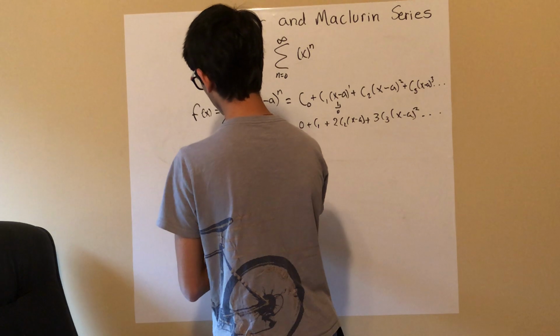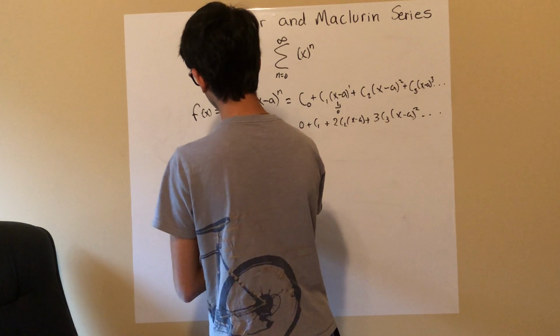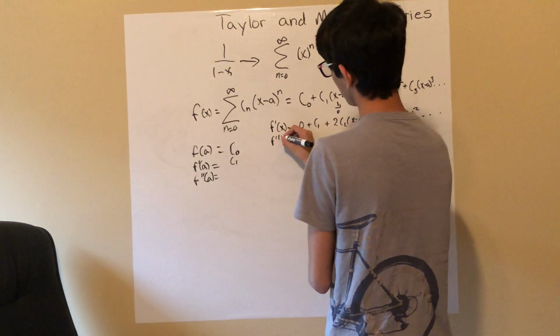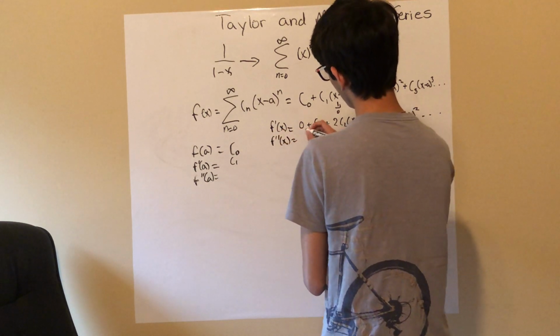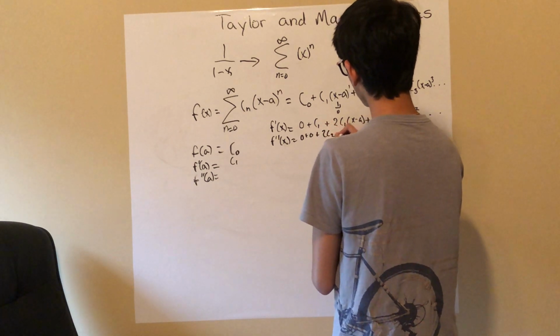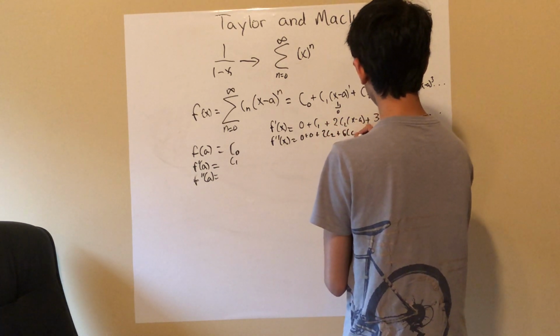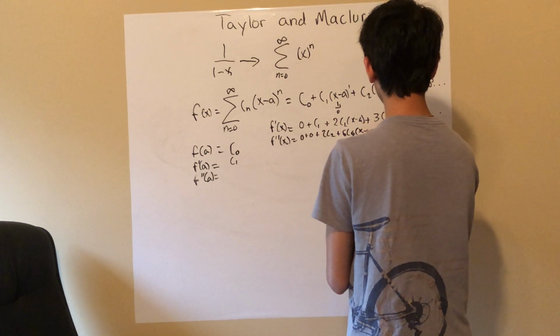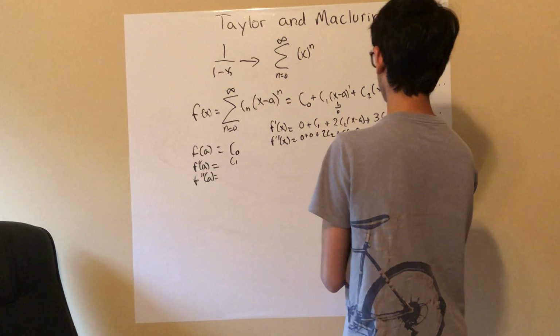then f double prime of a equals... f double prime of x equals 0 plus 0 plus 2c2 plus 6c3 times x minus a and so on, right?